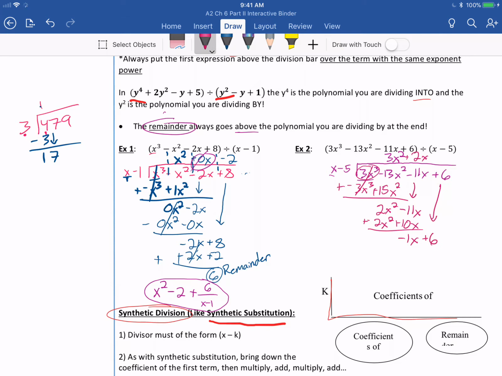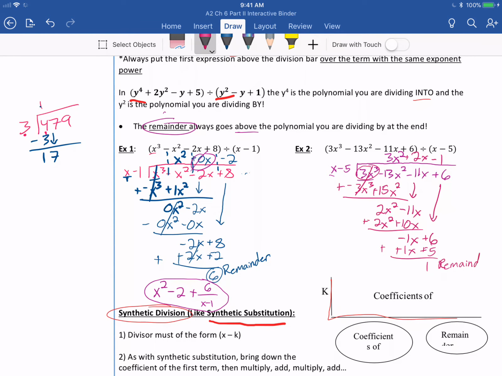So to finish this guy off, how many times does x go into negative 1x? I'm going to say negative 1 times. So negative 1 times x gives me negative 1x, and negative 1 times negative 5 gives me a positive 5. So if I subtract these guys down again, I add the opposite. So 6 plus negative 5 is going to give me 1 for my remainder here.